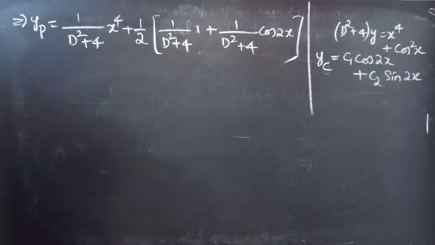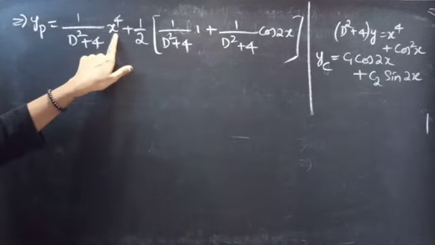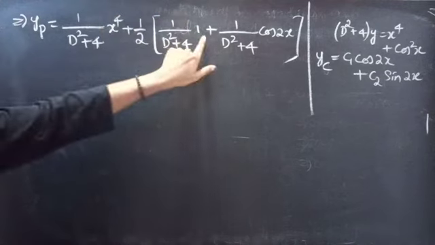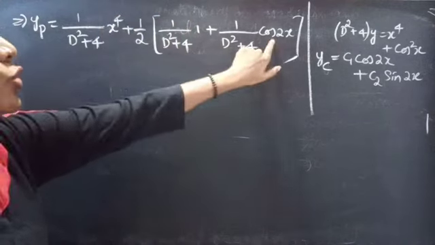Now let's find 1 by f of d into x power 4, 1 by f of d into 1, and 1 by f of d into cos 2x separately.